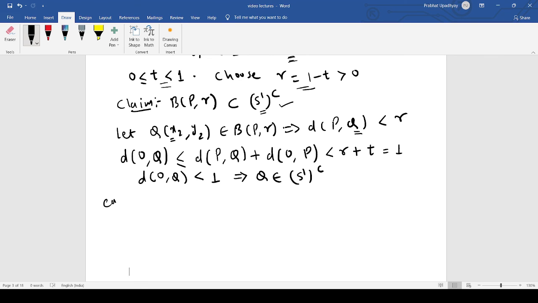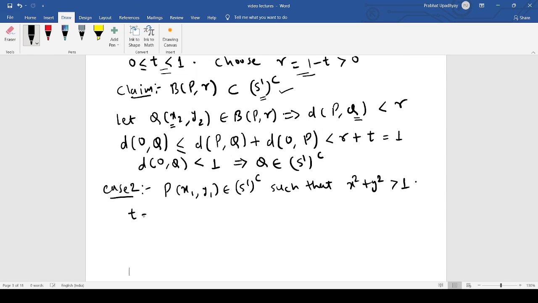Now let's consider the second case where my point P lies outside of my unit circle S1. So say a point P with coordinates x1, y1 belongs to S1 complement such that x1 square plus y1 square is strictly greater than 1. Here also say T is your distance between 0 and P. Since it is the Euclidean metric, this distance is equal to square root of x1 square plus y1 square, and it is strictly greater than 1.